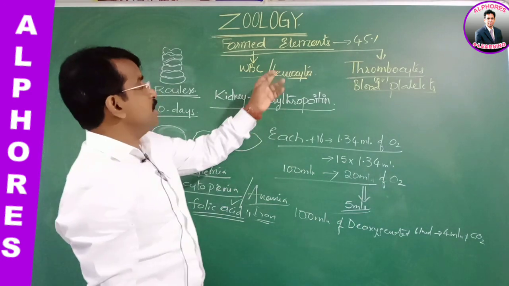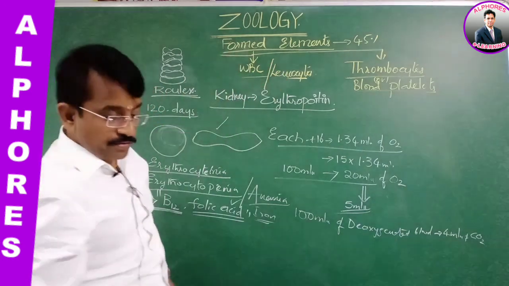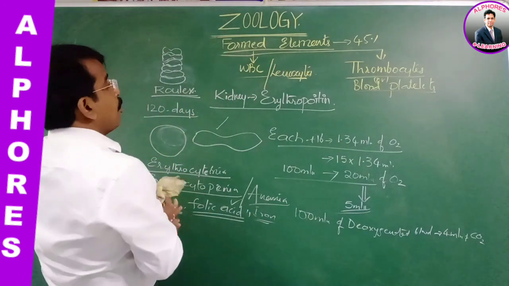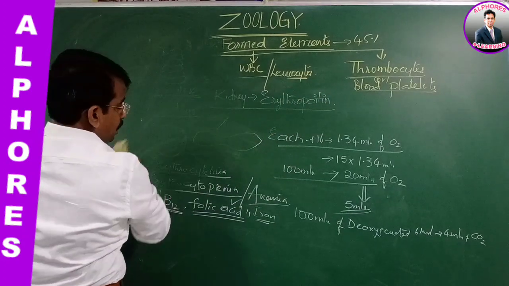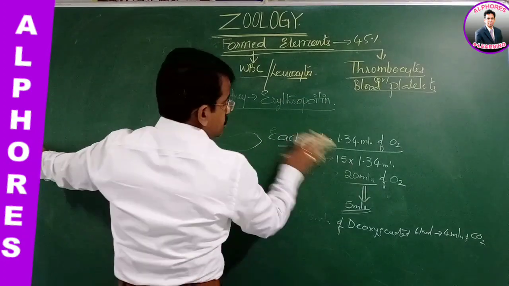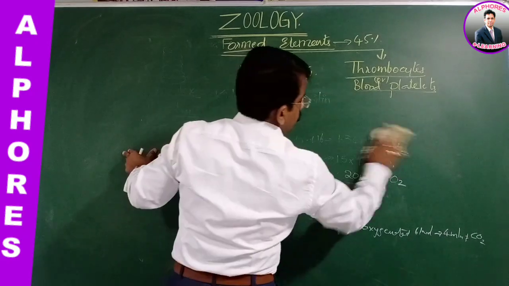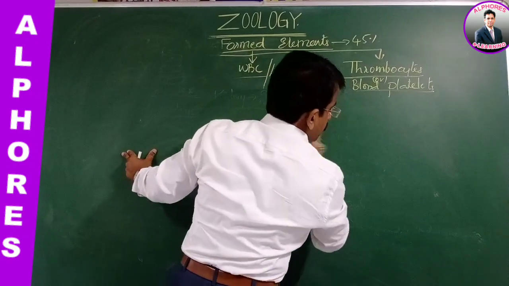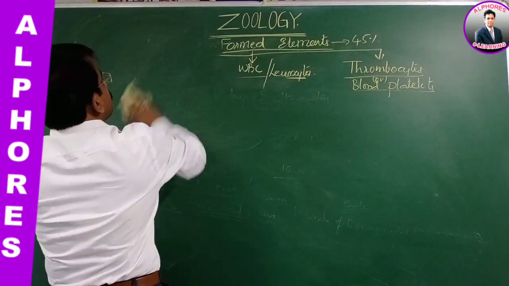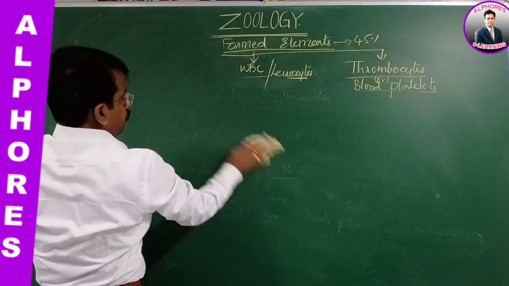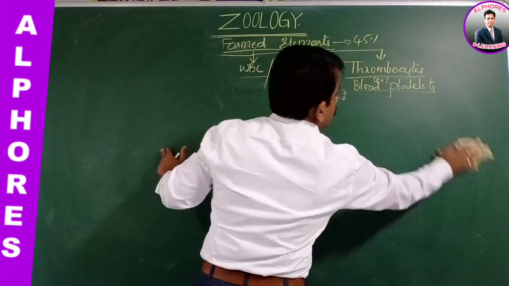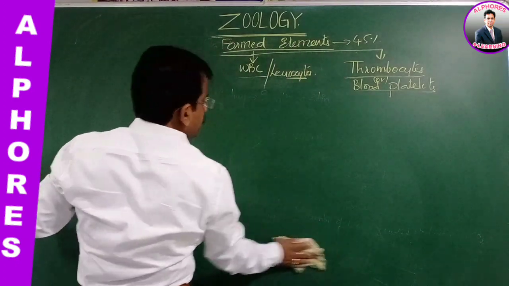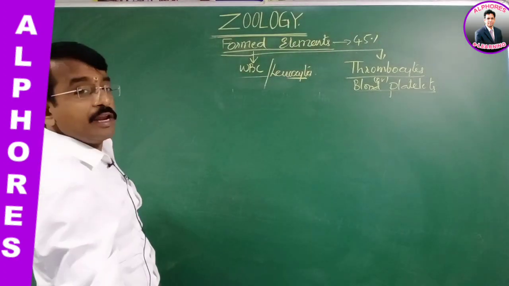Next, let's see the case of the WBCs. WBCs or leukocytes, colorless cells, we will now discuss. Basically, the WBCs are white blood corpuscles, colorless. Why? There is no respiratory pigment.